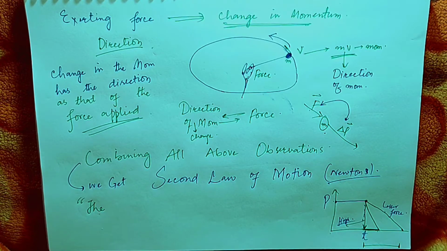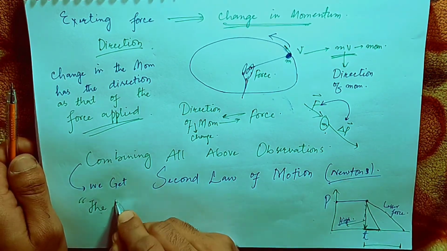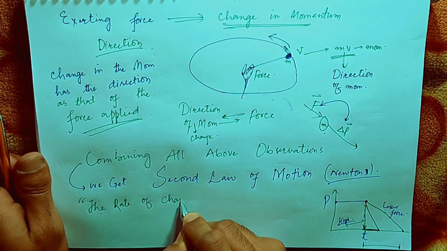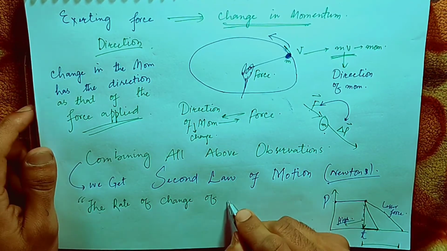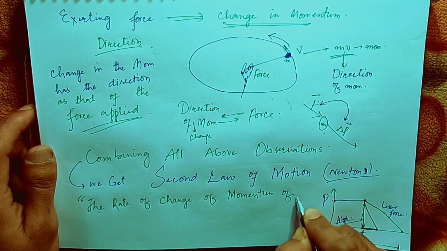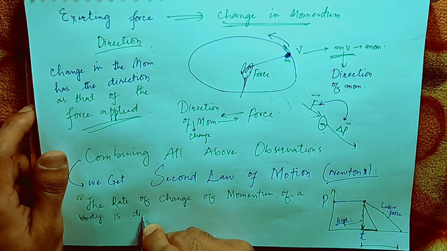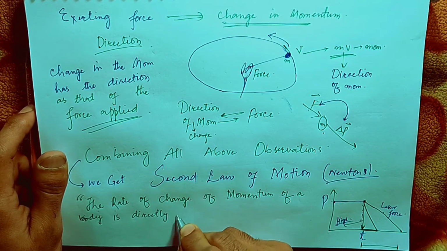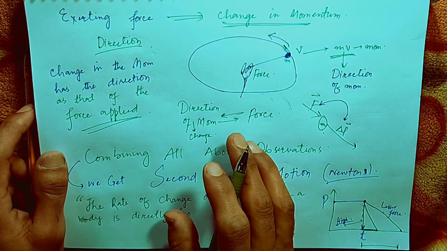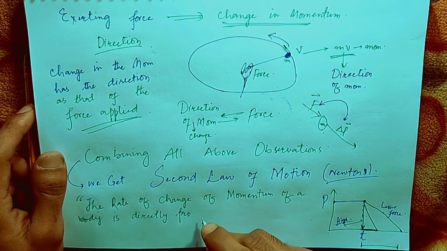Okay, now the second law of motion says that the rate of change of momentum of a body is directly proportional. That means the more one quantity, the more will be the other quantity upon which it is dependent. Lesser the quantity one, lesser will be the second quantity.